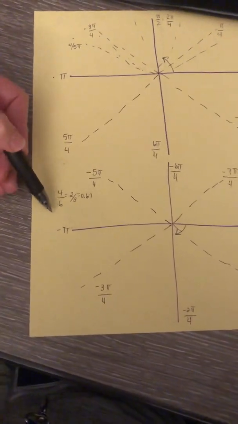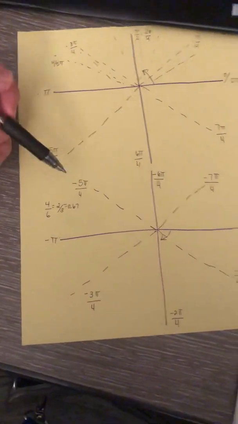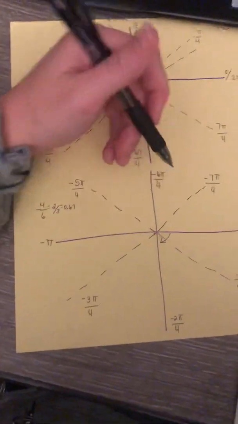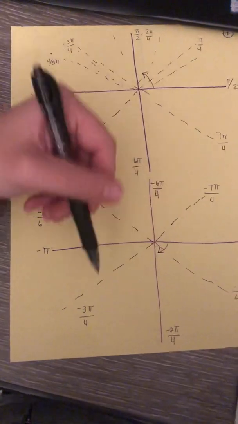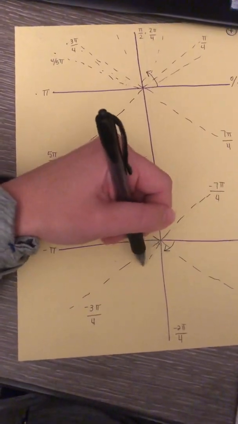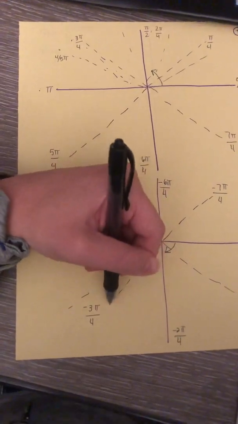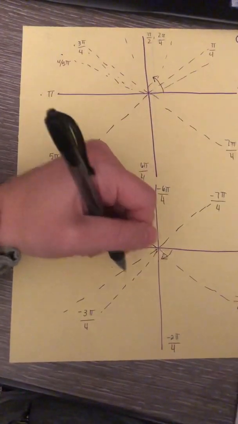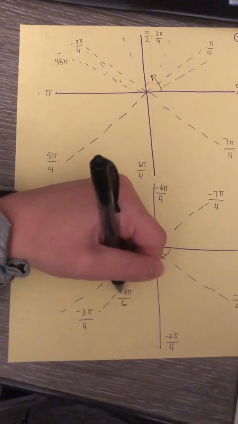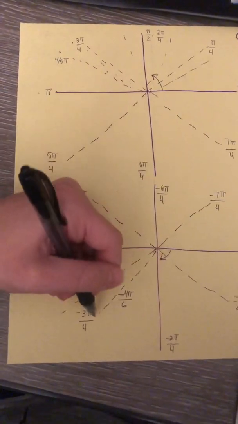So 4/6, 2/3. And if I'm thinking negative, because we're looking at the negative one here, I know this is negative 0.75. It's going to be somewhere close to that. Negative 0.67. My negative 4/6 pi, 4 pi over 6, is going to be somewhere around this area.